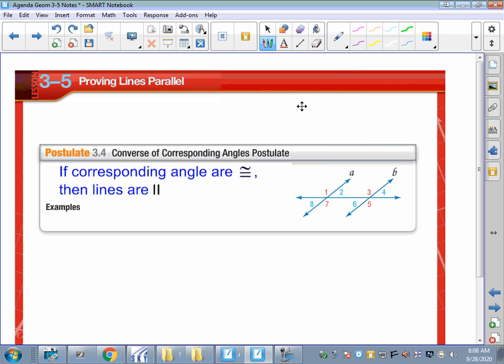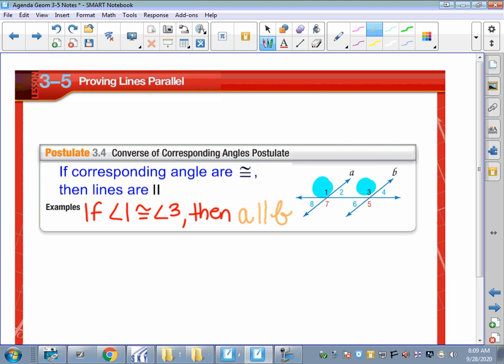So I could say something like, if angle 1 is congruent to angle 3, then notice in this diagram, we don't have our little triangles to tell us that A and B are parallel. Well, here's what we're doing. We're saying we don't know if A and B are parallel, but if we know that 1 and 3 are congruent, then we can say that A is parallel to B.